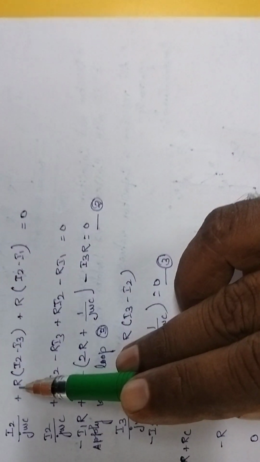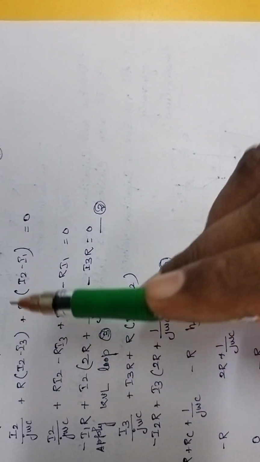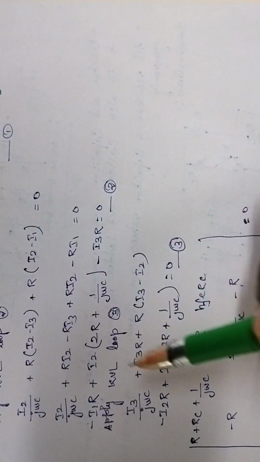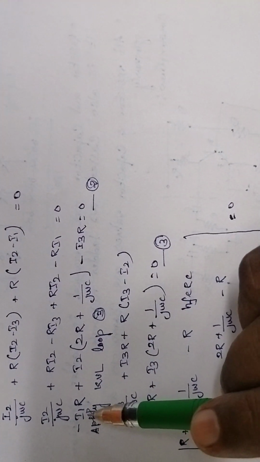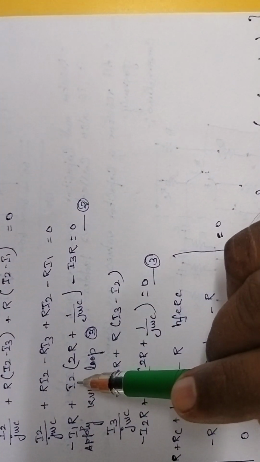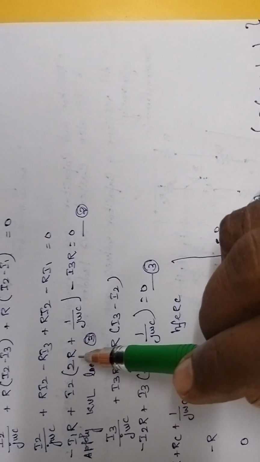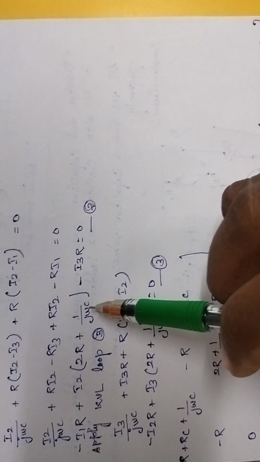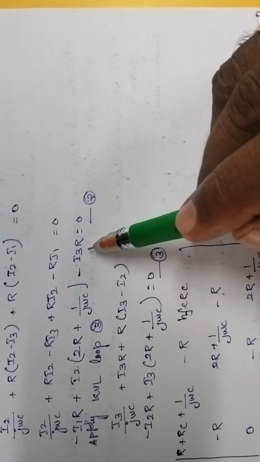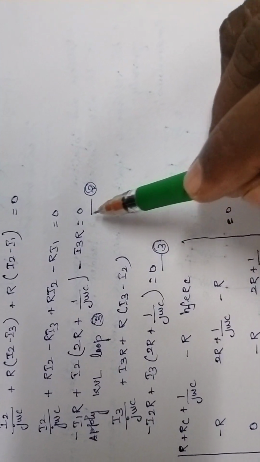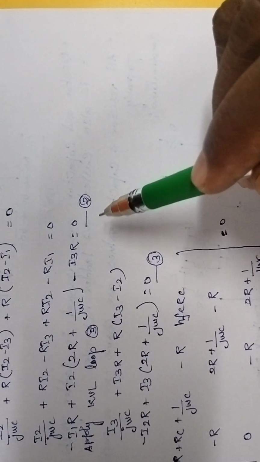Multiplying the R inside, we get the second equation: minus I1 R plus I2 into (2R plus 1 divided by j omega C) minus I3 R equals 0. So this is equation 2.